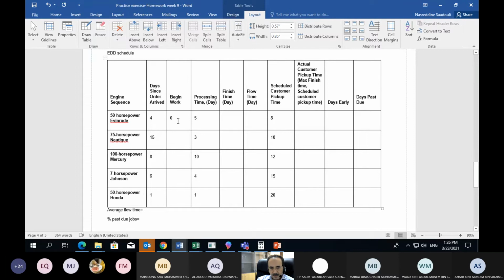As we said, we start work at day 0, and therefore the first job is finished on day 5. The flow time will be 4 plus 5, which is 9. The actual pickup time will be the maximum of the finish time, 5, and the scheduled time, 8, so therefore 8.